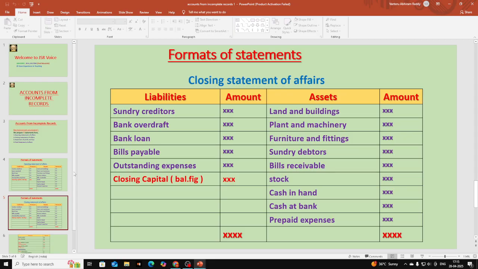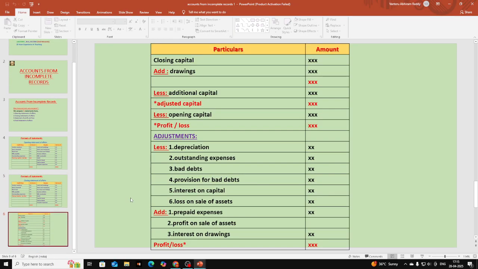And the third statement is the statement of profit and loss. This is the statement of profit and loss format, students. Only two columns we should draw, that is particulars and amount. On the top you should mention statement of profit and loss. Always here we have to follow a perfect format in the order.